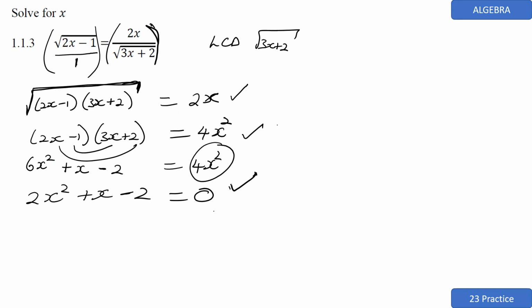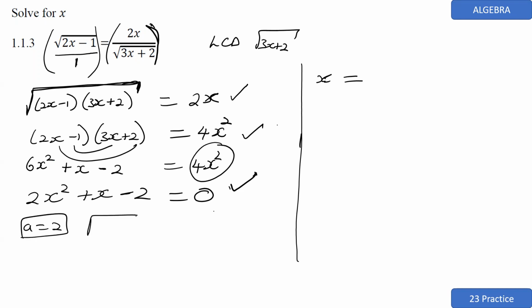Now, to remind you, the quadratic formula is on the formula page. And it says x is equal to minus b plus minus the root of b squared minus 4ac, all over 2a. So remember your a value here is 2, your b value here is 1, and your c value here is minus 2.